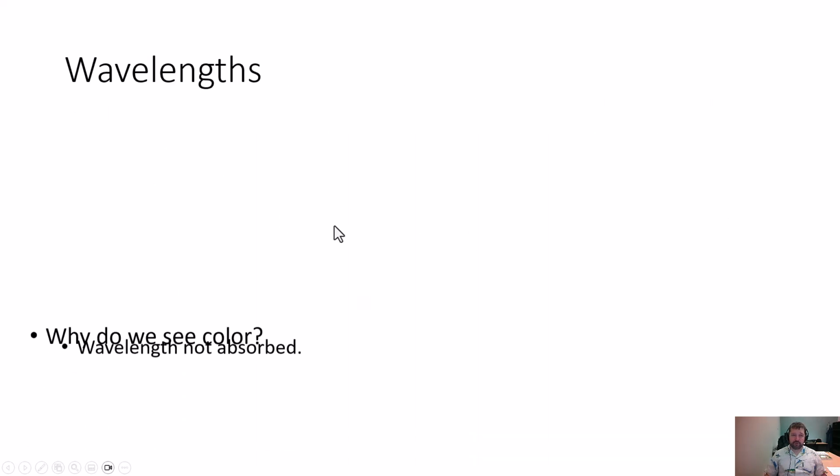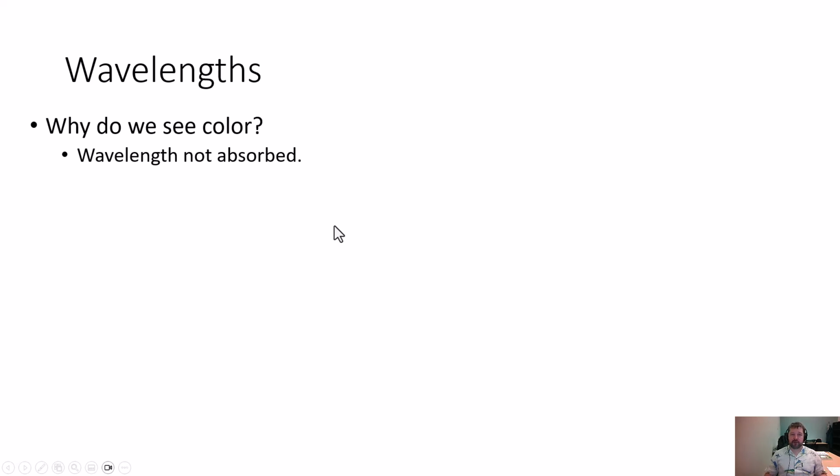So that brings me to wavelengths. Really quick, if you're not familiar with why humans see the colors we do, color is what is being reflected by an object. It's what's not being absorbed.